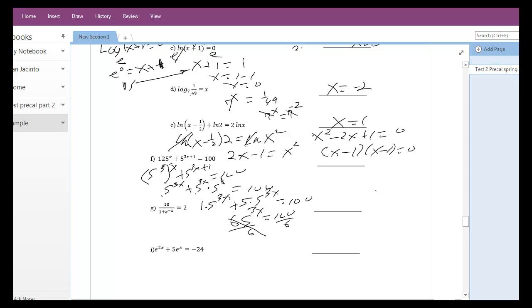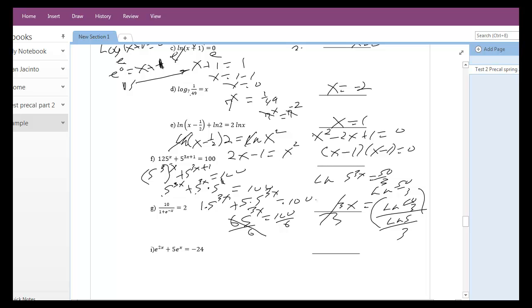That gives me 5 cubed x equals 100 divided by 6, which is 50 over 3. Take the ln. I now have 3x equals ln 50 over 3, because I'm going to divide by the ln 5 right here. Now we're going to take the whole thing and divide by what? 3.